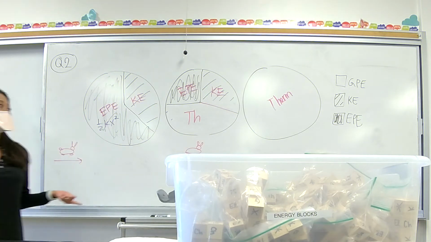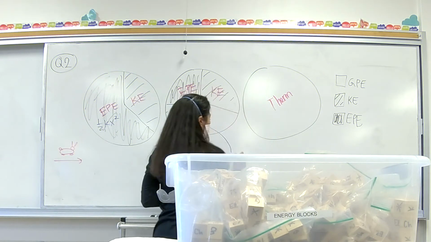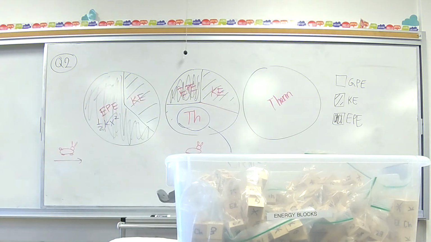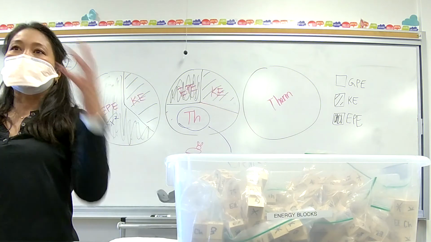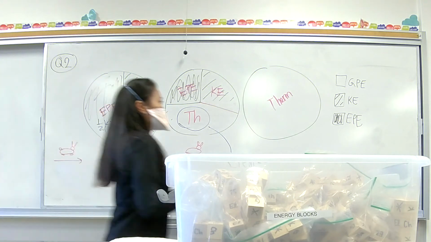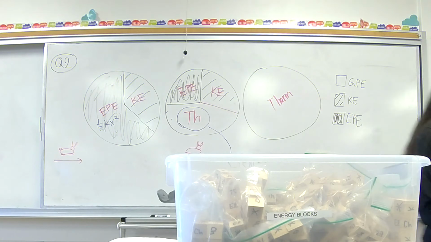But we don't have an equation for thermal, and we don't have an equation for chemical, but we can always do a calculation with our mechanical energy types, the ones that we have equations for, and determine how much chemical and how much thermal energy is left based on the difference, just like what I did with the calculation of the height difference in the water. So that is my little energy symbolism story with my crazy son.